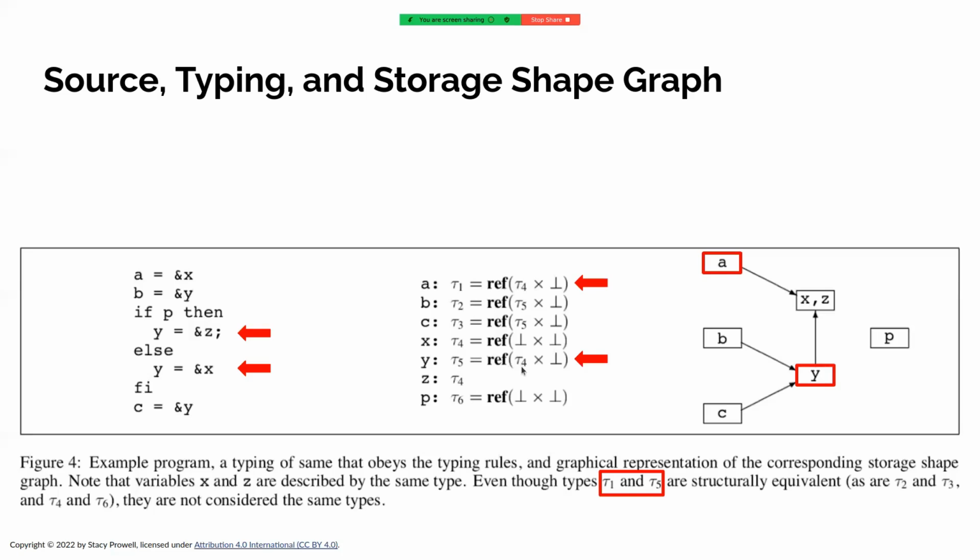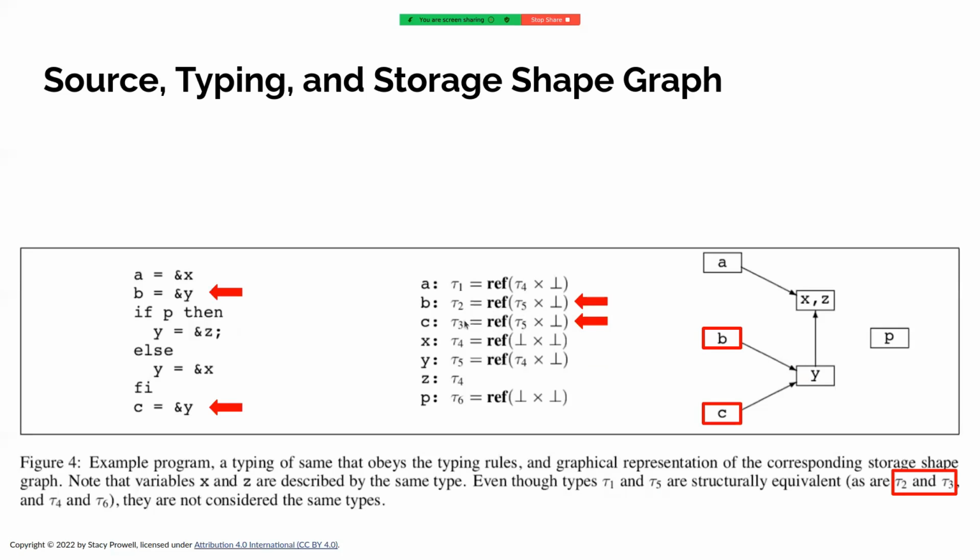They are structurally equivalent, right? They're both references to the same type. And T2 and T3 are both references to the same type, a tau5. But we don't require them to be the same type. We don't require that tau2 and tau3 be equal. We just note that they are references to the same type.